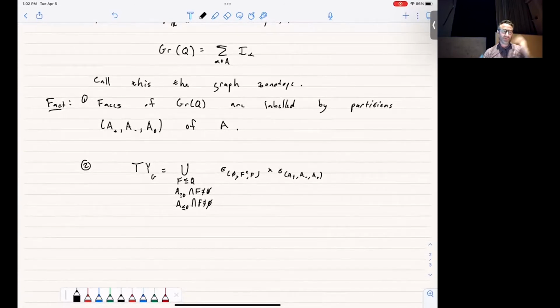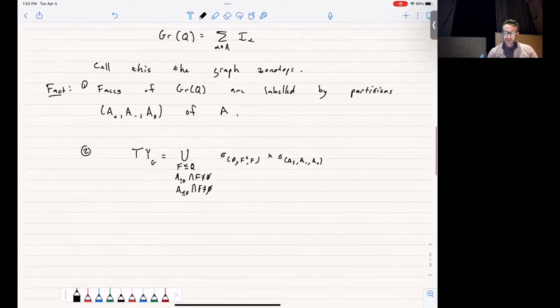I'm going to show some pictures. I know this is notation heavy. I'll get to pictures in just a moment. Let me say where this lives, and then I'll give some pictures. So this is in the normal fan of these guys.